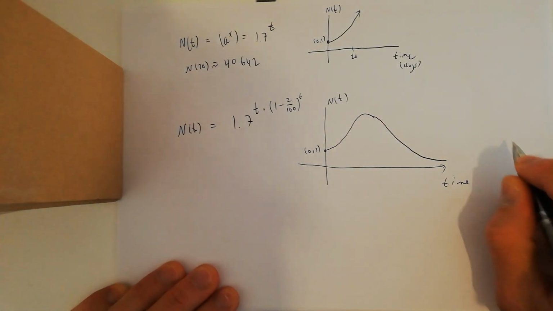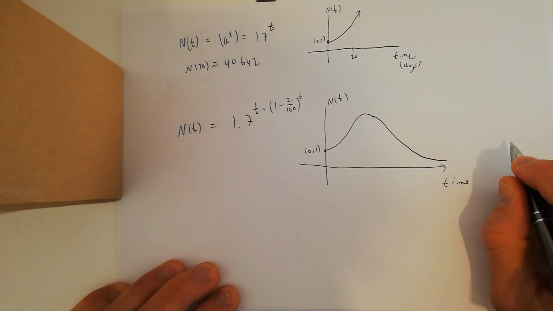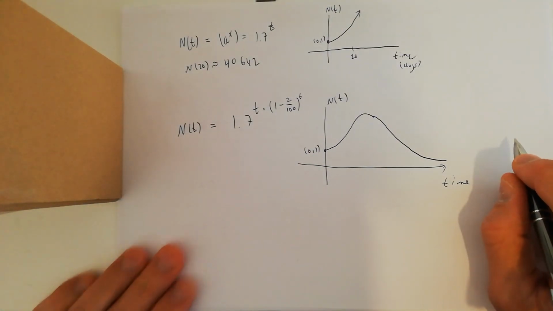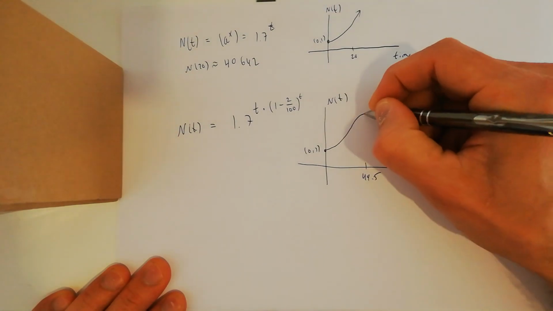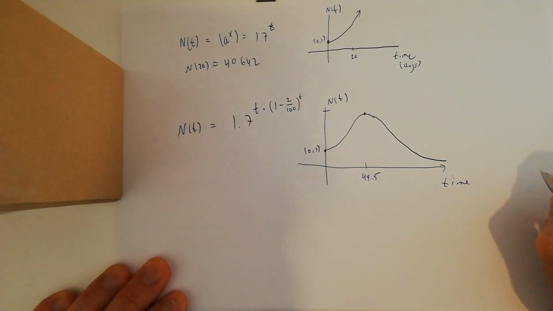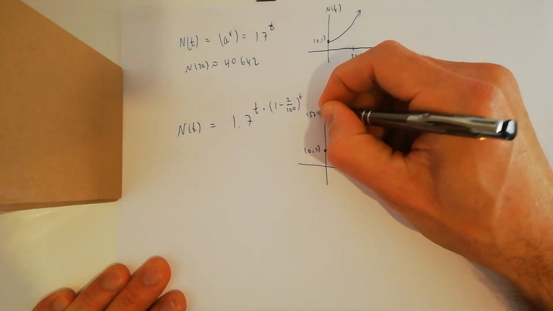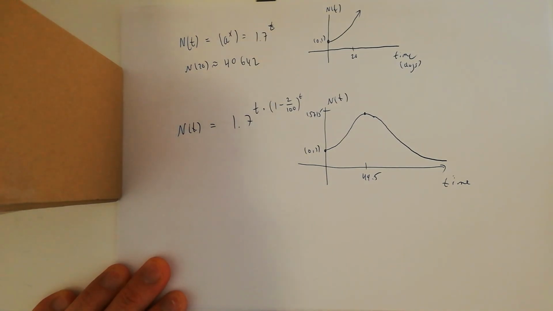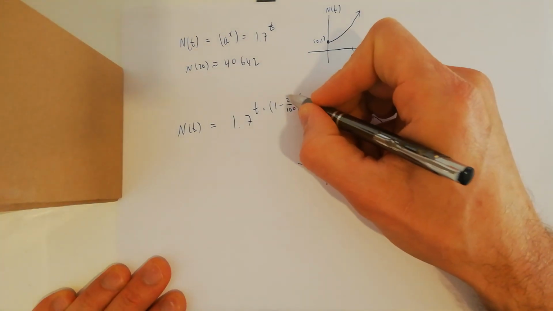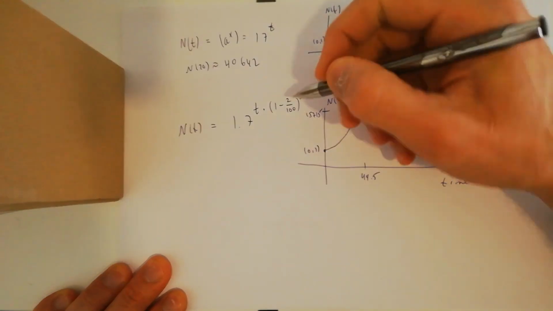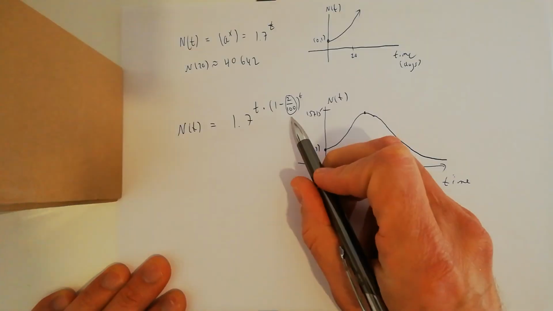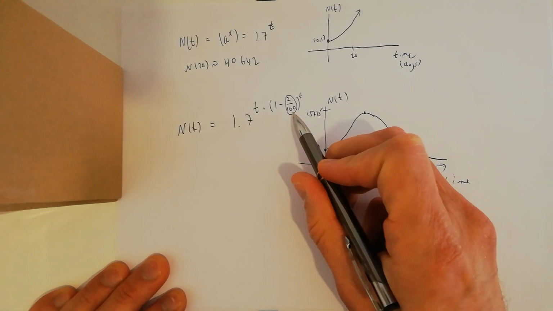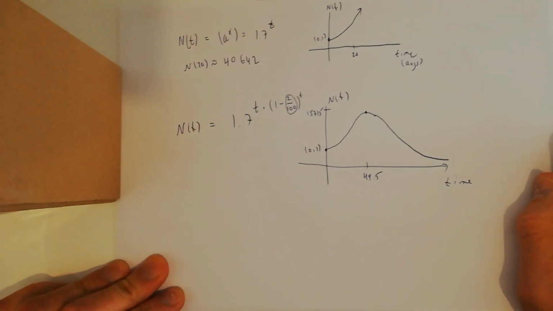If you check, you can see that this maximum for 2% happens approximately after 49.5 days, and the y value of this is about 15,715. This function is very sensitive to a change in this number. So in reality, this number here is the key to learning the evolution of the virus.